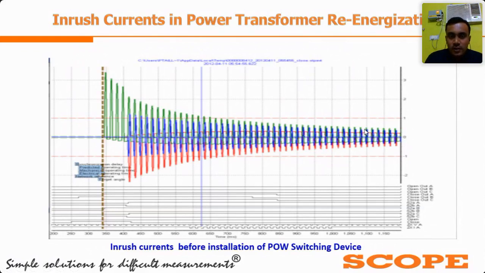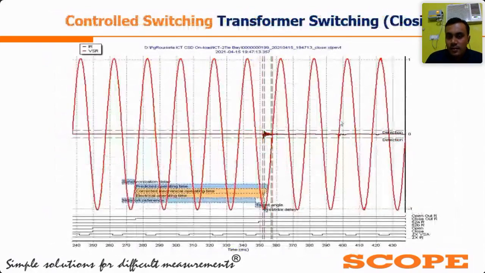So that is the actual inrush current graph, and we have minimized the inrush current to this instant. I think it would be around 6 to 7 or a maximum of 10 ampere, that is around 0.002 pu.